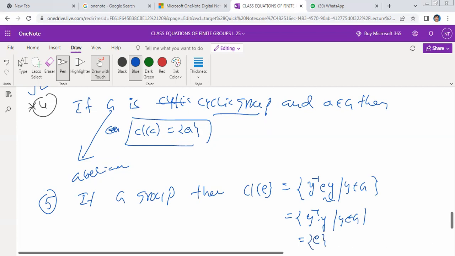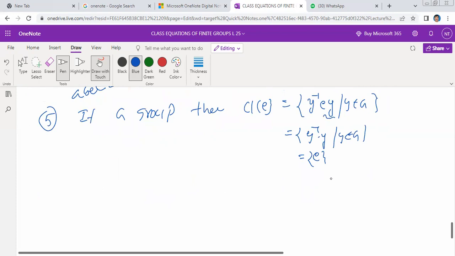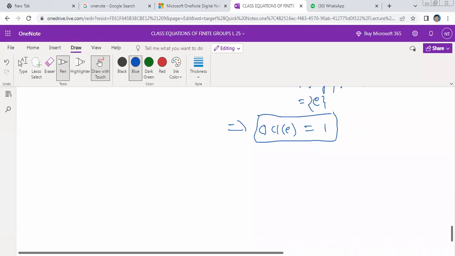Therefore, the class of identity is the set containing E, and the order of the class of an identity element E is equal to 1. Order of the class of an identity element is always equal to 1. Right? So this is the way of calculating the conjugate class of an element. Now, the conjugate class equation.